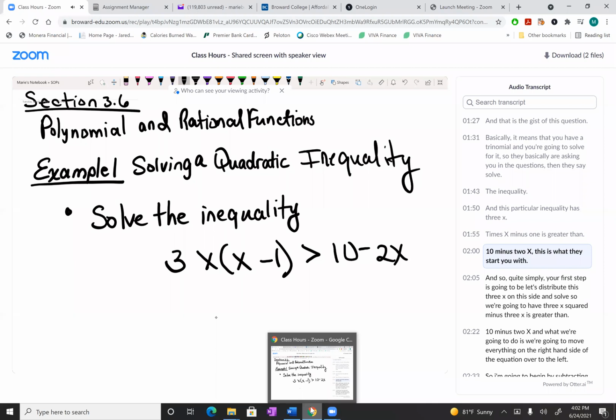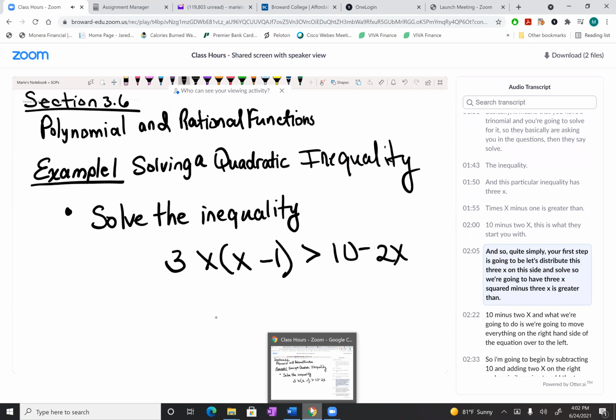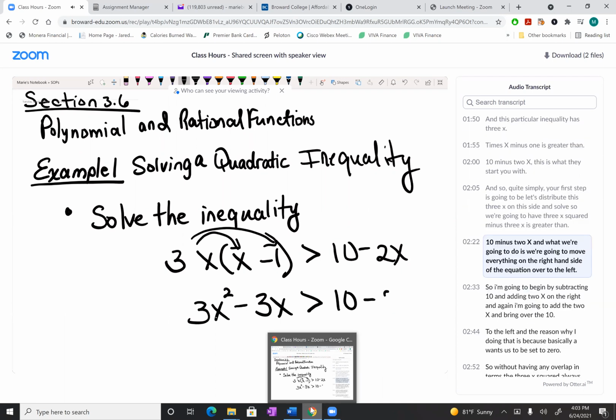This is what they start you with. And so quite simply, your first step is going to be, let's distribute this 3x on this side. So we're going to have 3x squared minus 3x is greater than 10 minus 2x.